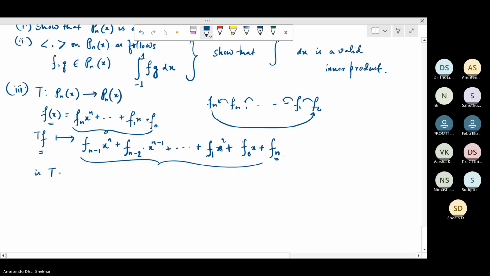Is T a linear map? Is T an injection? Is T a bijection?